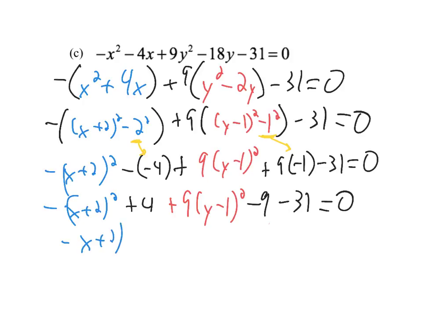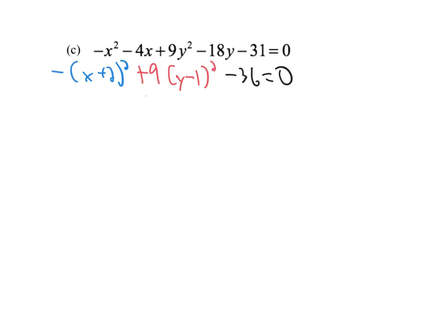Minus x plus 2 quantity squared plus 9 times y minus 1 quantity squared. We gather all the constants up, and we have 4 minus 9 minus 31, which is 4 minus 40, or minus 36, equals 0. So this is what we have so far.